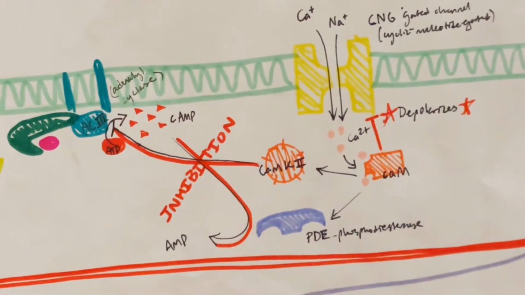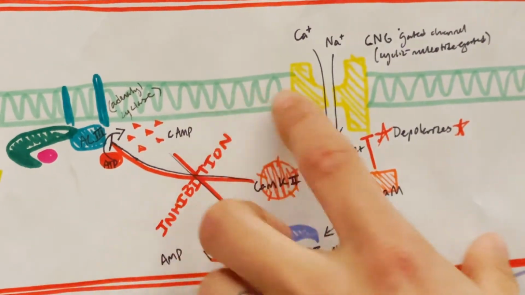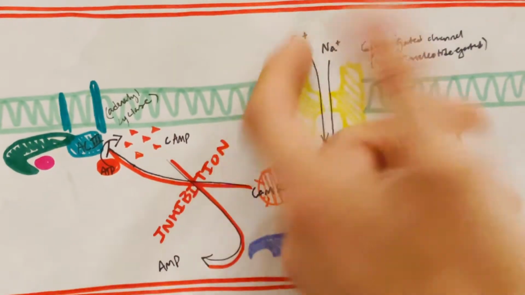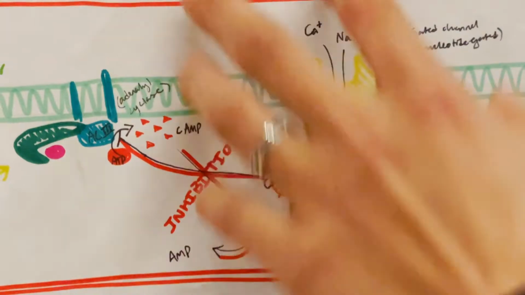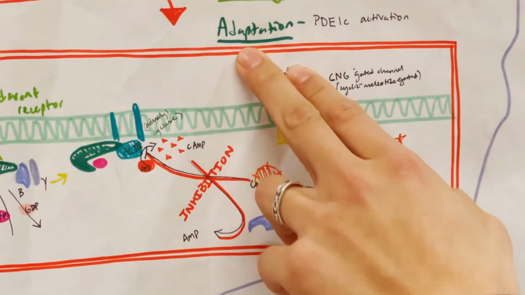All that is doing is preventing the CNG channels from opening and the influx of sodium and calcium, which causes depolarization. So that's basically recovery: inhibition of CNG channels, and adaptation: PDE1C activation.